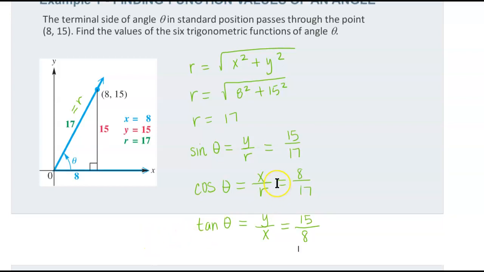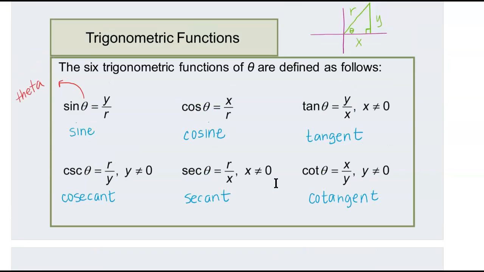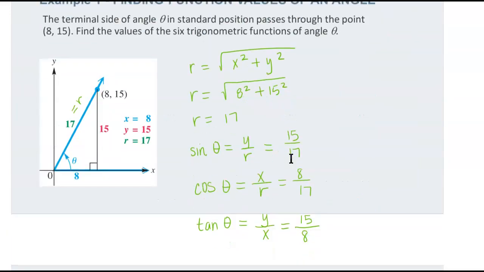Now on the slide before, we said that they're set up one on top of the other in terms of their reciprocal values. So the nice thing is that once you find the first 3, you can find the other ones pretty easily. The cosecant is the reciprocal of the sine. It's r over y. And I just take the fraction I found originally and flip it upside down.